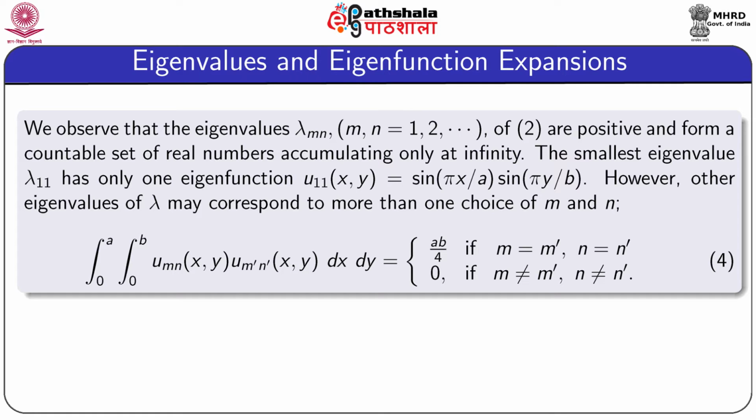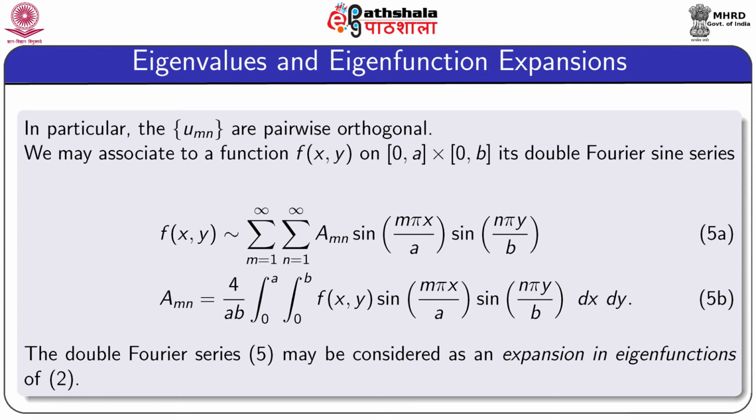That means the set of functions umn are orthogonal, or in other words, umn are pairwise orthogonal.